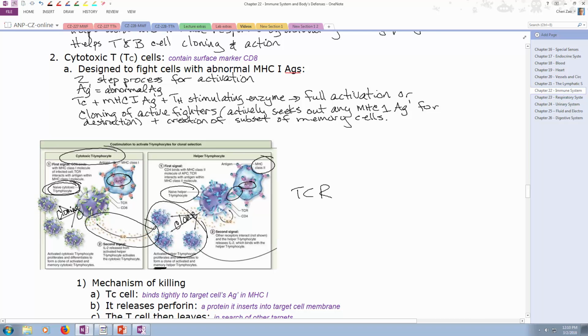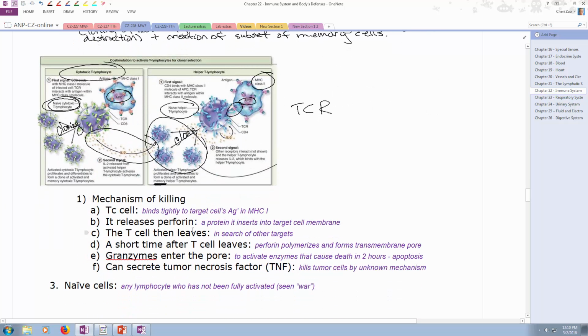And let's take a look at how it does the killing. Okay. So the cytotoxic T cell will bind tightly to that target cell's A prime, or apostrophe. That's what I'm using to make sure that you keep in mind this is definitely a foreign antigen. Because now we have self-antigens, right?